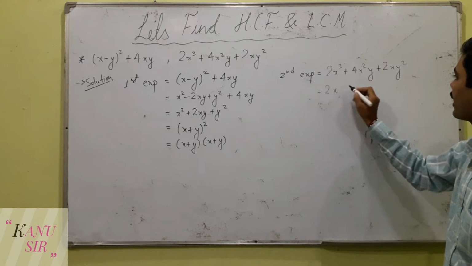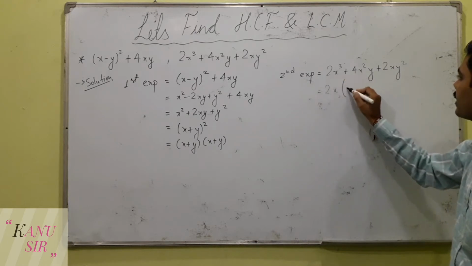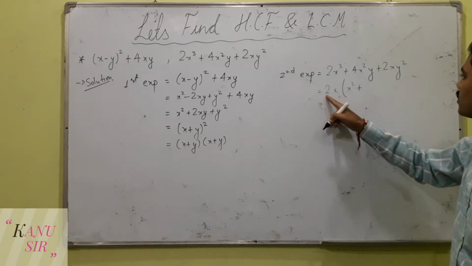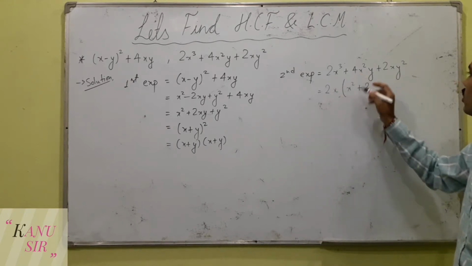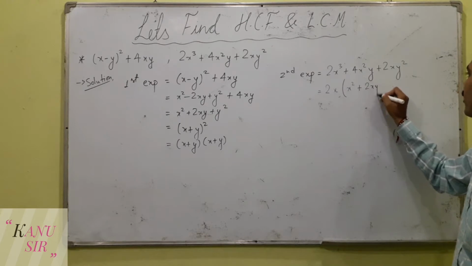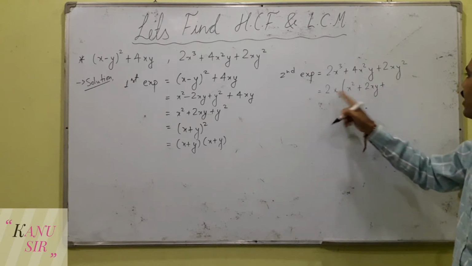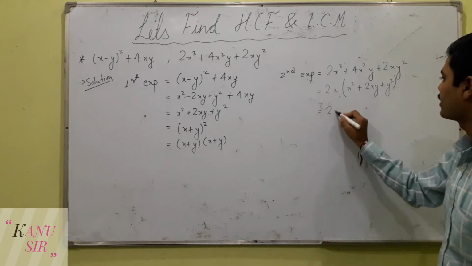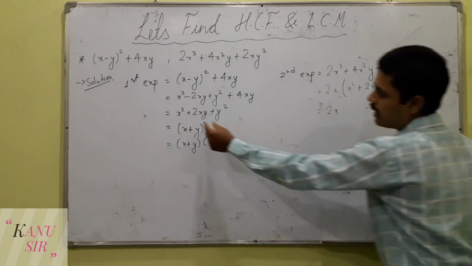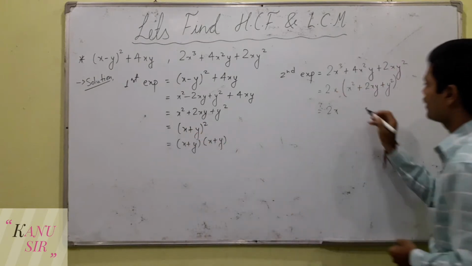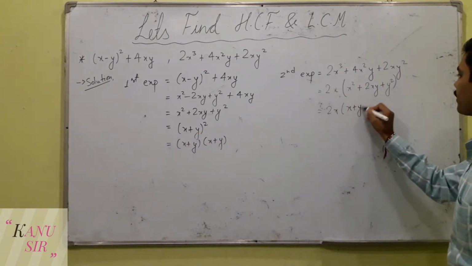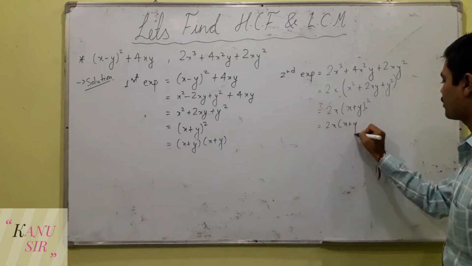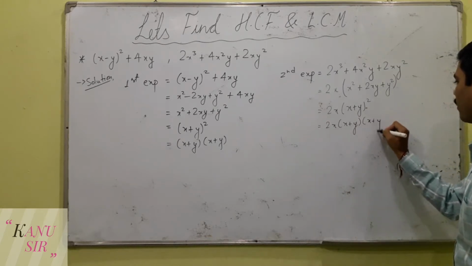So we can take one x common, then we'll find x square left in the first term, plus 2 times 2 is 4, x is already out, xy, plus 2x is out and y square is left, we'll write here y square. After that, this term looks like a formula as in the previous one, that is x plus y whole square, so it equals 2x, x plus y and x plus y.